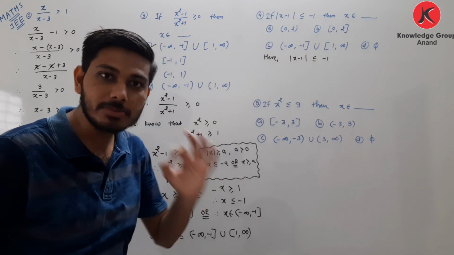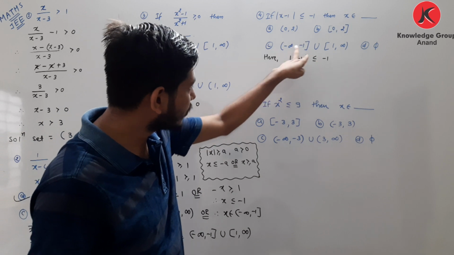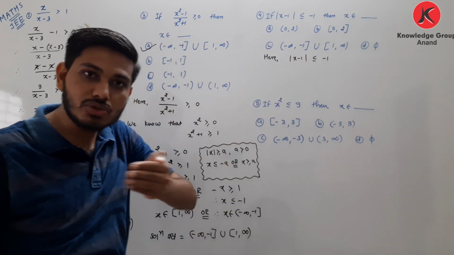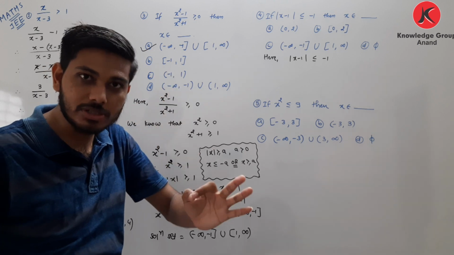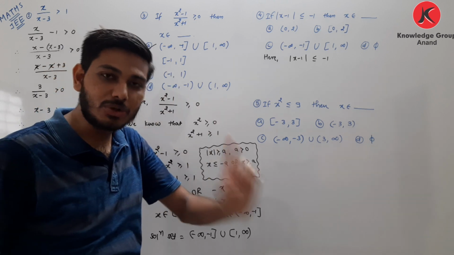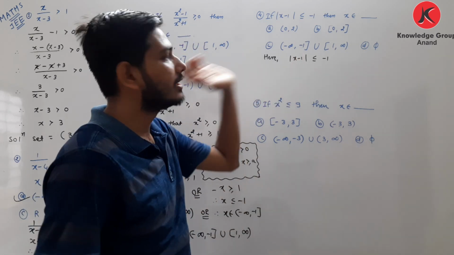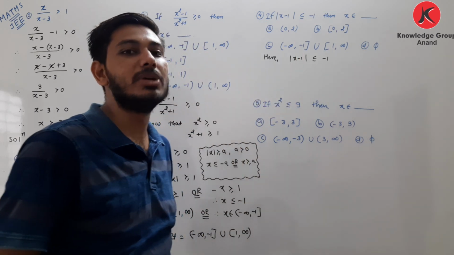Is it possible? Modulus of any number is less than or equals to -1. Is it possible? No. It is not possible, because any modulus can't be negative.